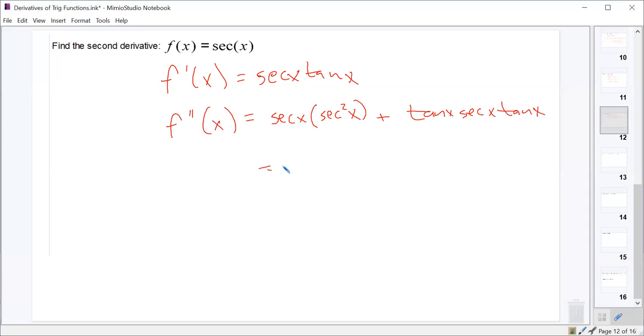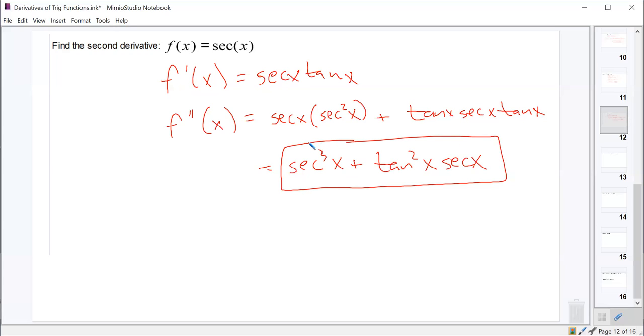And what do we get? Secant cubed plus tangent squared x secant x. Yep. I think that's what you said. Any questions with that? Any issues with that?